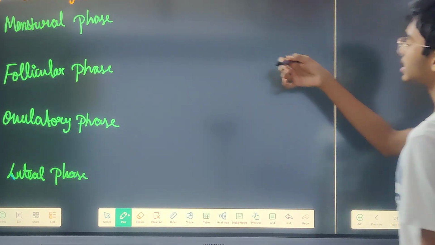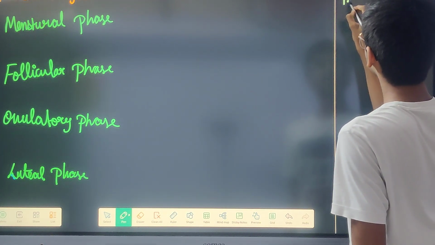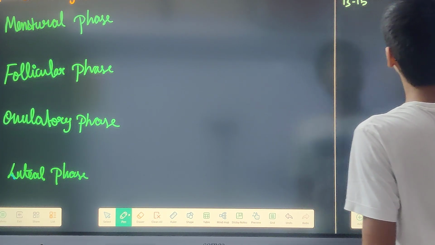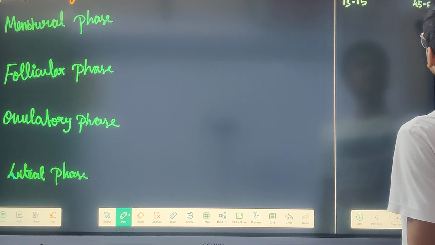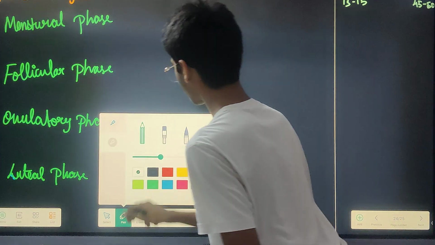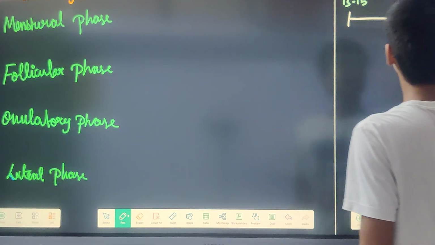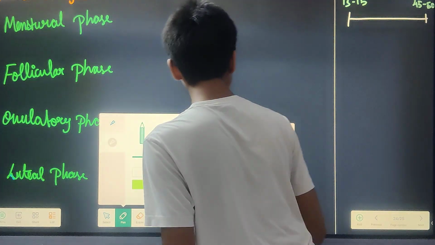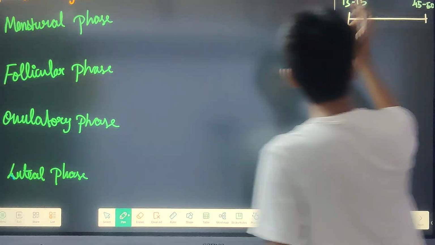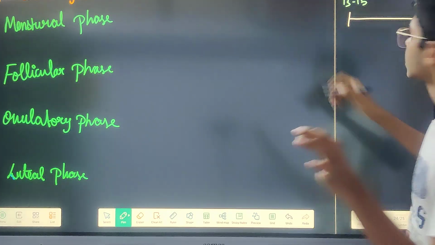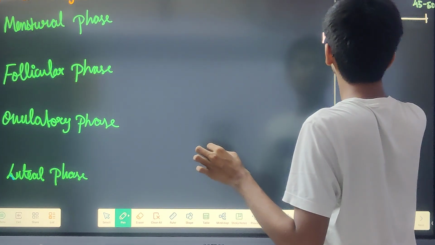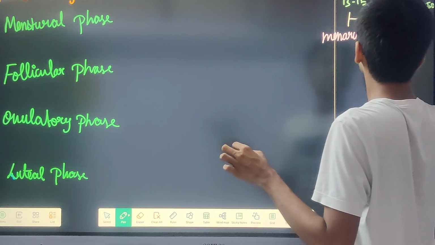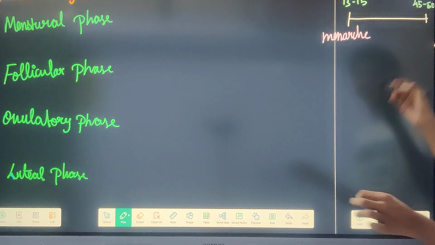Generally this menstrual cycle starts at the age of 13 to 15, and ends at the age of 45 to 50. For many people it will stop at that age. The first menstrual cycle is known as menarche. At 45 to 50 it is known as menopause.